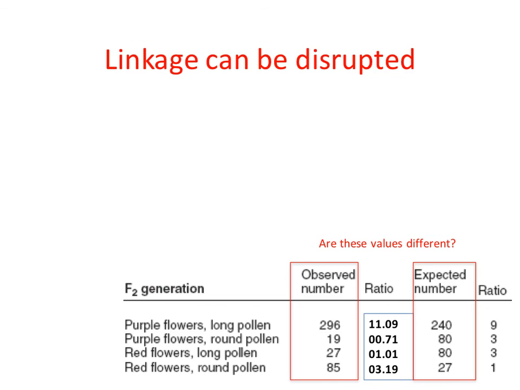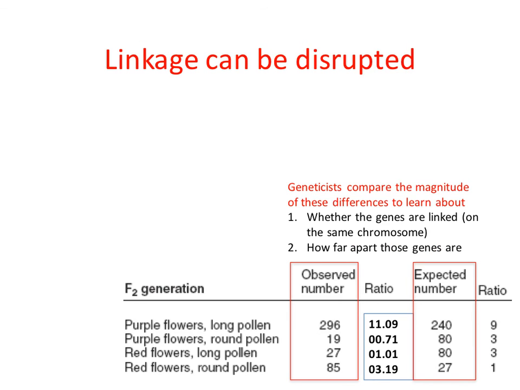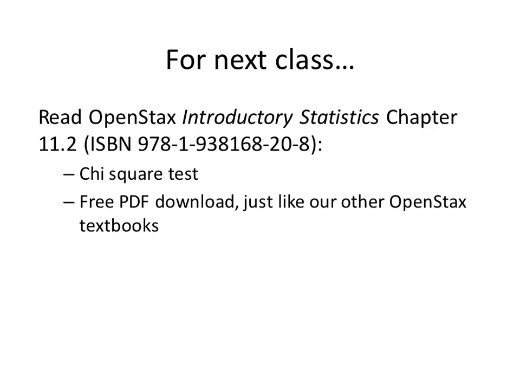Or is it just chance that we observed more parental types and less recombinant types than we expected? So what are we going to do next class if we're talking about comparing observed and expected values? We're going to be talking about the chi-square test. So statistics, I apologize. Next class, we're going to do chi-square test.